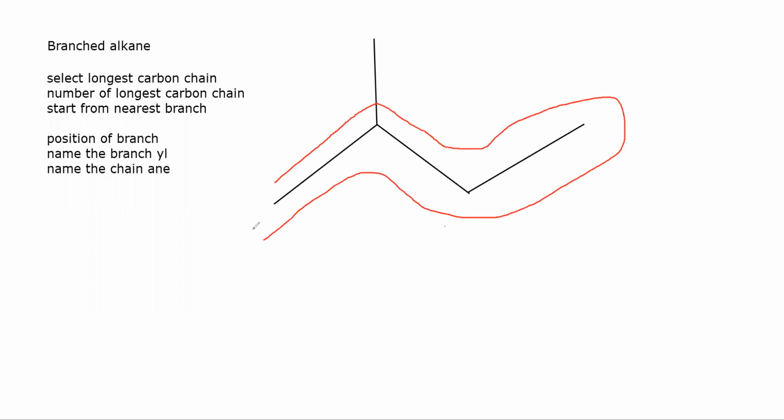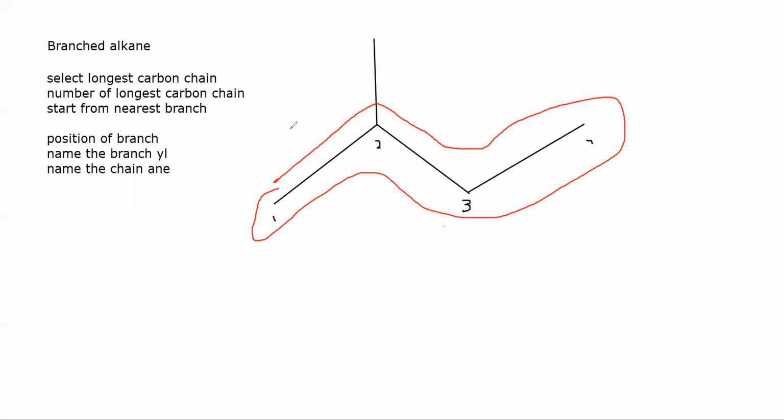I selected this chain. Then what we have to do: select the longest carbon chain, and number the longest carbon chain from the nearest branch. So this is 1, 1, 2, 3, 4. The branch is coming at 3 if I number from the right-hand side. When I number from the left-hand side, 1, 2, 3, 4, the branch is coming at 2.